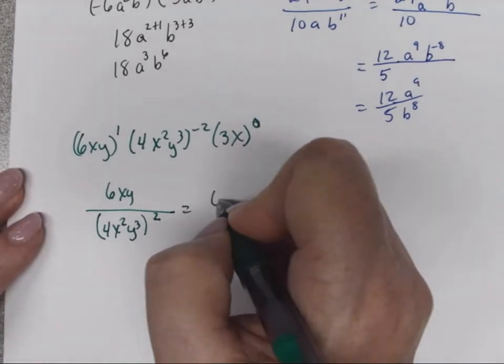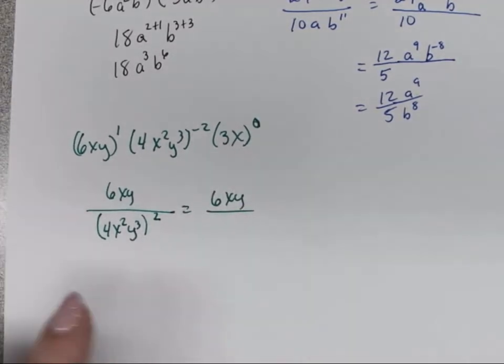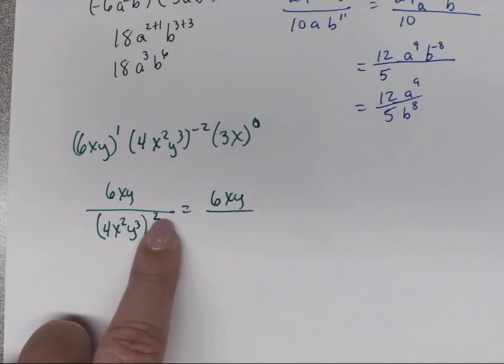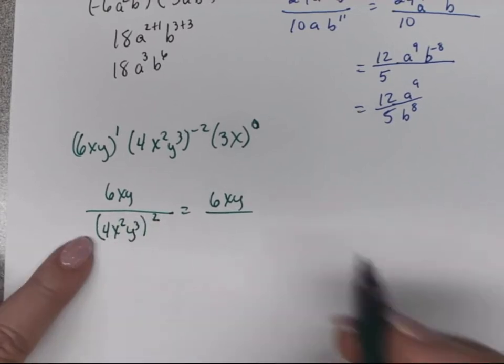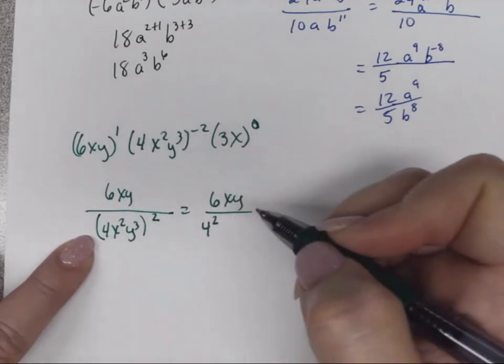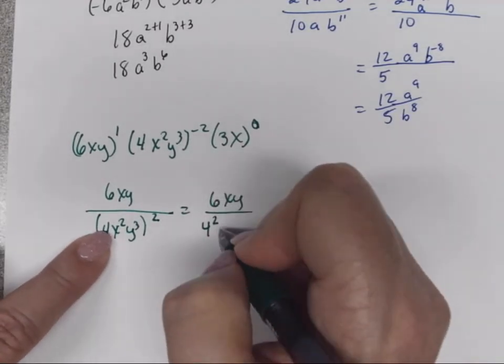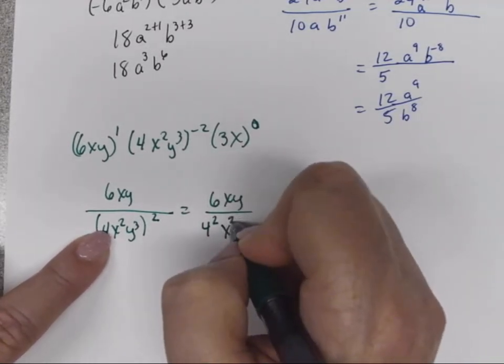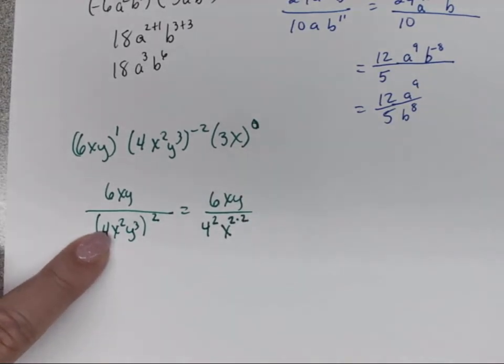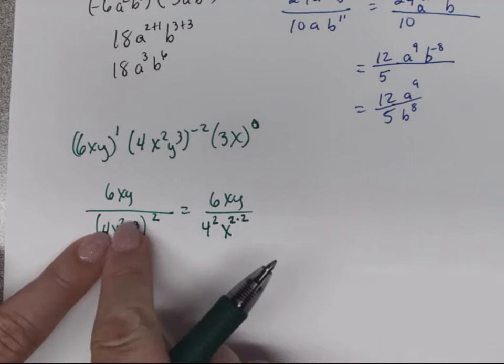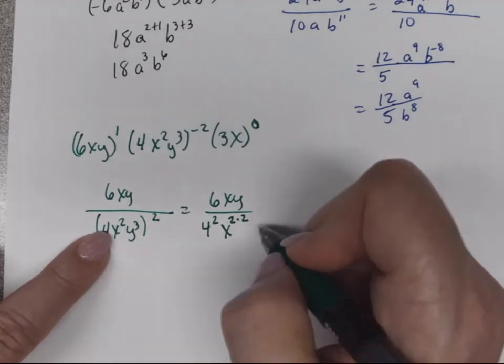All right, so now we have 6xy on the top. Now we have to move this exponent and apply it to each of the parts. So that becomes 4 squared. And then this is x to the 2 times 2, because this is the power rule. So when you raise it to the power, you're going to multiply.